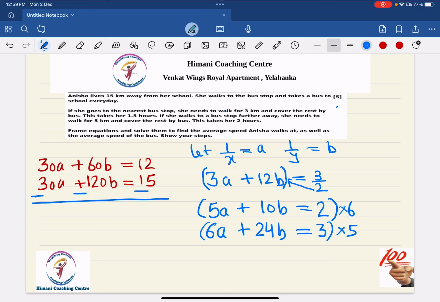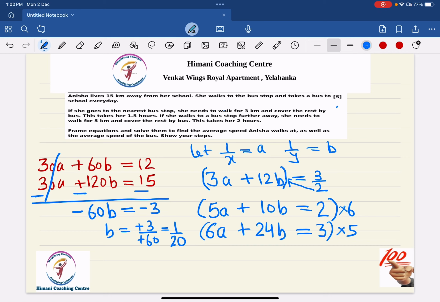Now 30a minus 30a is 0, plus 60 minus 120 is minus 60b, and plus 12 minus 15 is minus 3. So b equals minus 3 over minus 60, which gives us 1 over 20. Okay, so 1 over 20 is b.